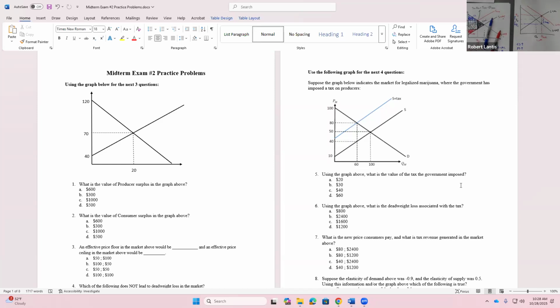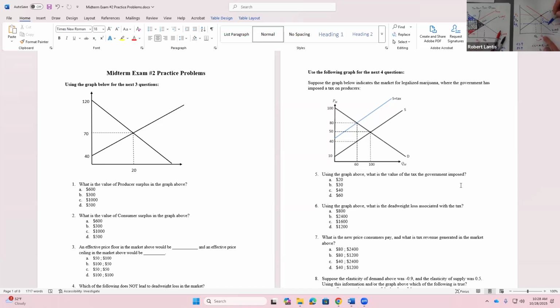So if I wanted to calculate, let's just say consumer surplus here. What is the marginal benefit to consumers? It's always represented by the demand curve. The marginal cost to the consumers is not supply, it's the price they pay. So where is consumer surplus after this subsidy?